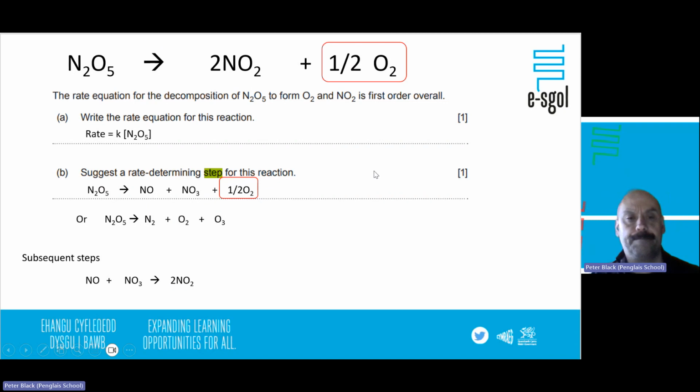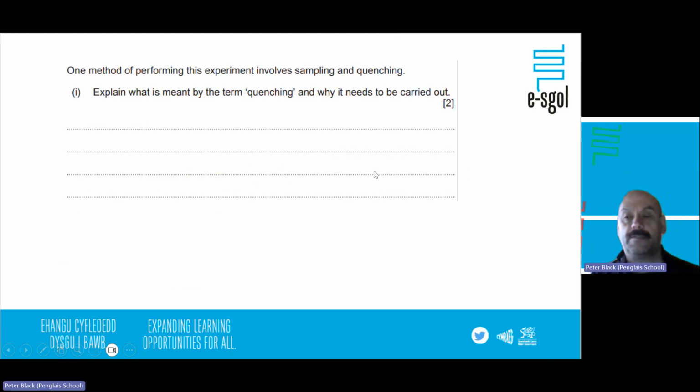Then, coming towards the end, make sure you know about this idea of quenching reactions. This is something new in year 13. It wasn't taught to you in year 12, where you talked about gas collection, clock reactions and so on. Quenching is a technique where you take a sample at regular intervals, and then you stop the reaction.